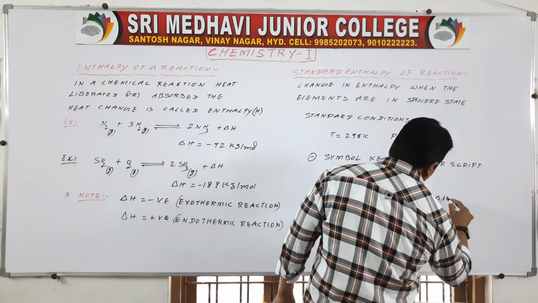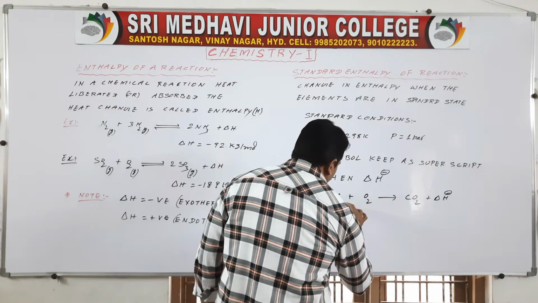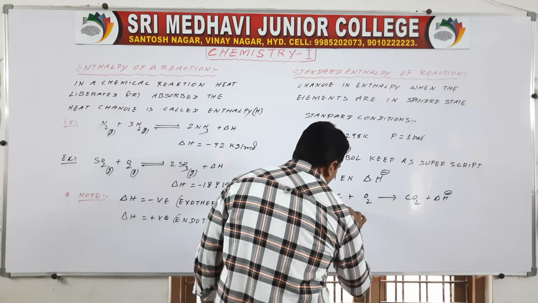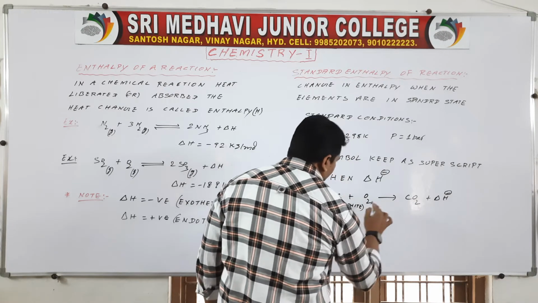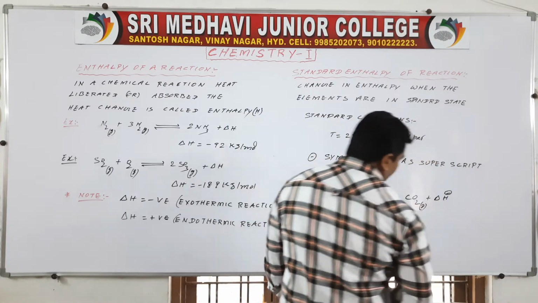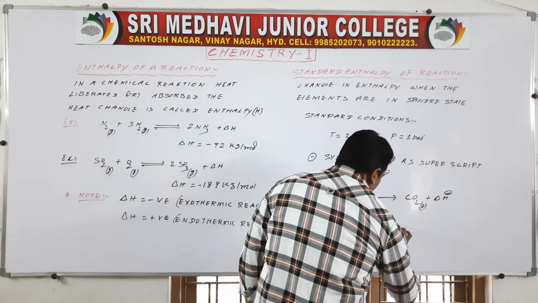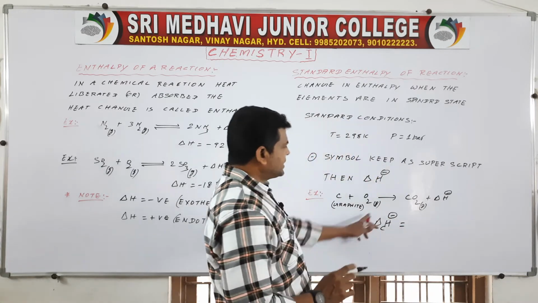Here C is graphite and CO2 is a gas, and delta H naught combustion is for a combustion reaction.